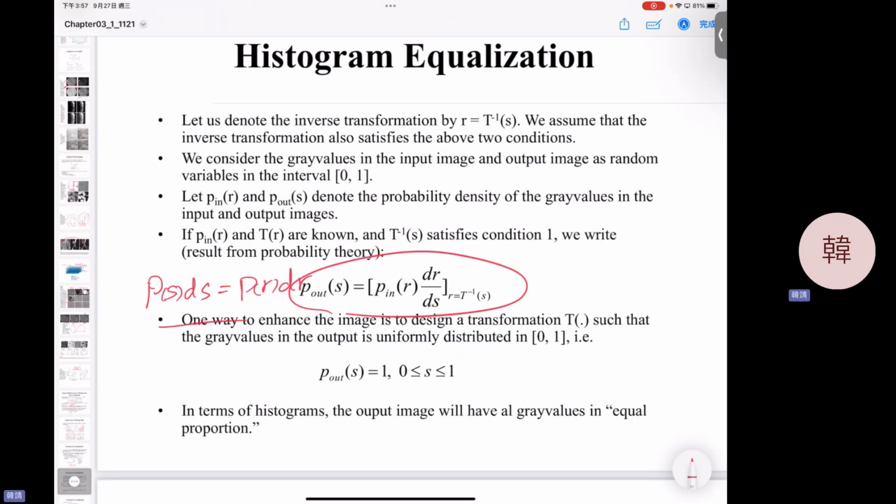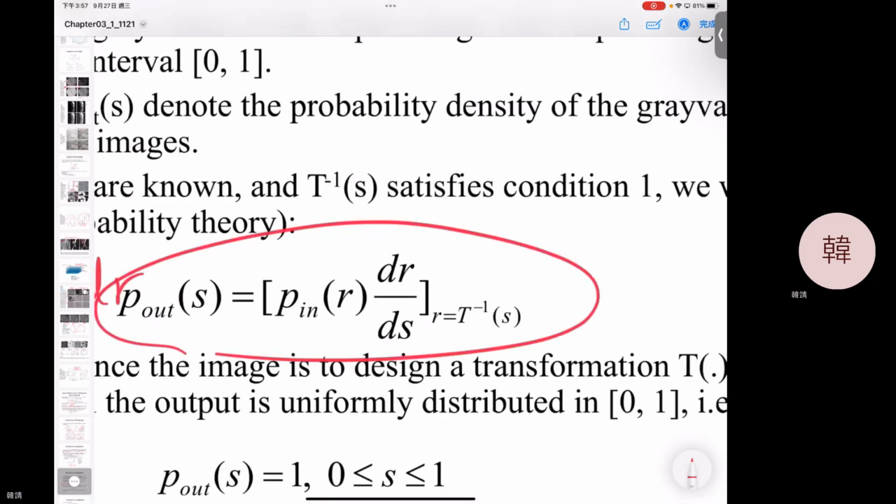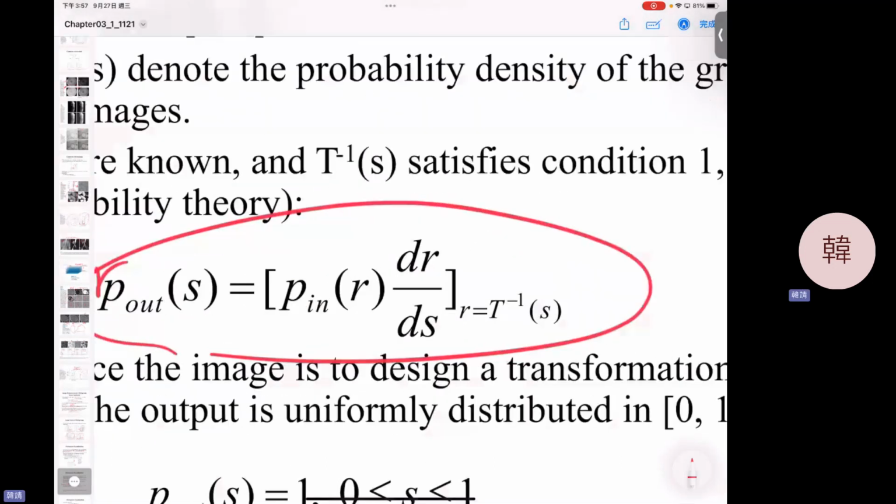We have a new distribution of PR. And how do we do it? Your original histogram probability will be multiplied by this relationship, dr/ds. R is the input variable, S is the output variable. What's the relationship between these two functions?